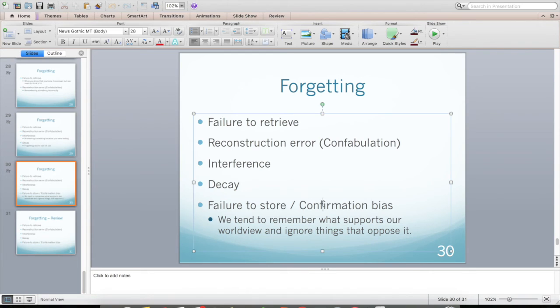And then here, confirmation bias, this is another concept that we're going to talk about throughout the whole course. And this is us choosing to either ignore new information because it doesn't agree with us, or twisting information that might be neutral so that it supports us. And the big example that I used in class is the election, right?